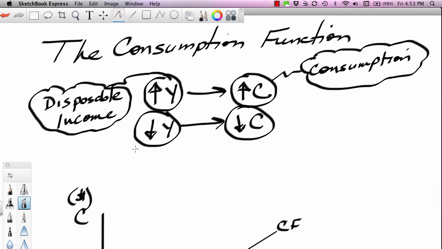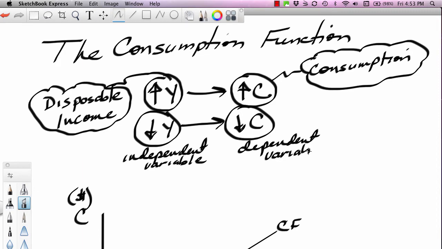Y here is called the independent variable. It's the cause. And C in this relationship is what we call the dependent variable. It is the effect.